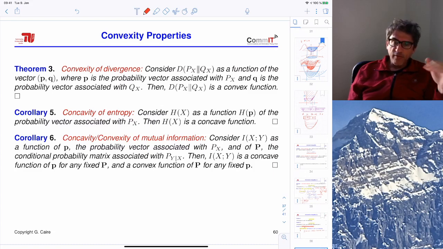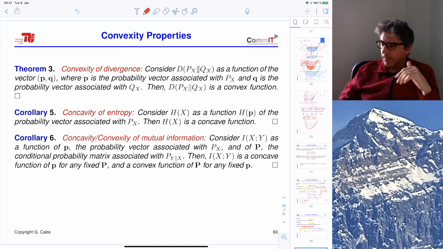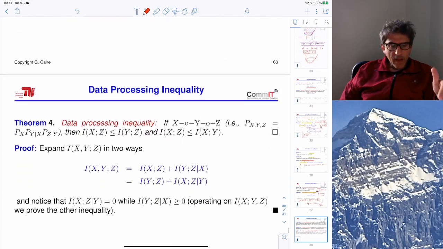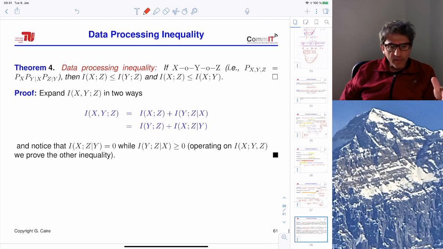You will find more details in problem sets with solutions, because this is a bit tedious analytically. You typically have to calculate Hessian matrices and check that they are positive definite. So I will pass through, and I would like to conclude with two very important inequalities.